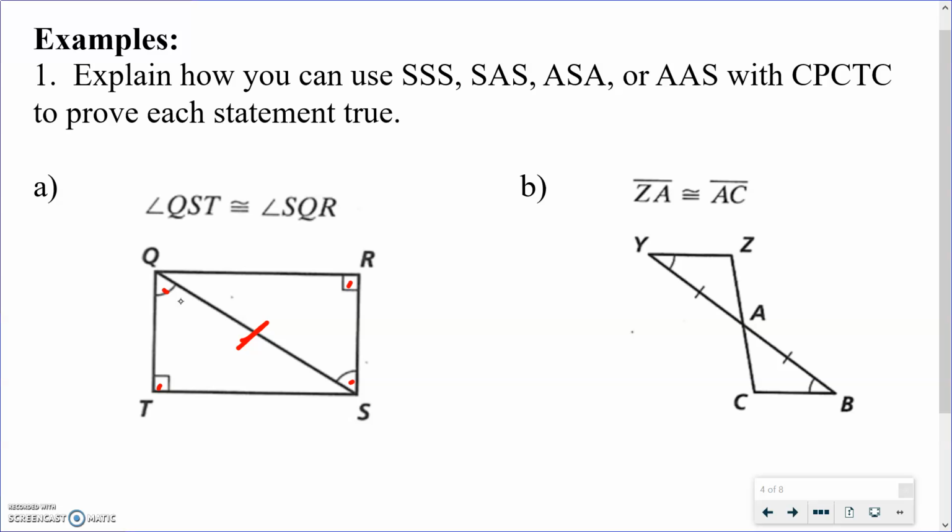So we have an angle, and then the next side. So I can say that triangle QTS is congruent to triangle SRQ, and that's by angle, side congruence.